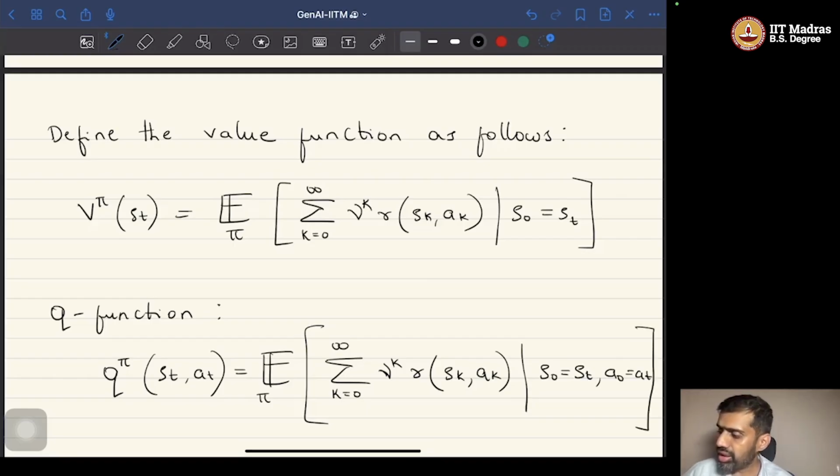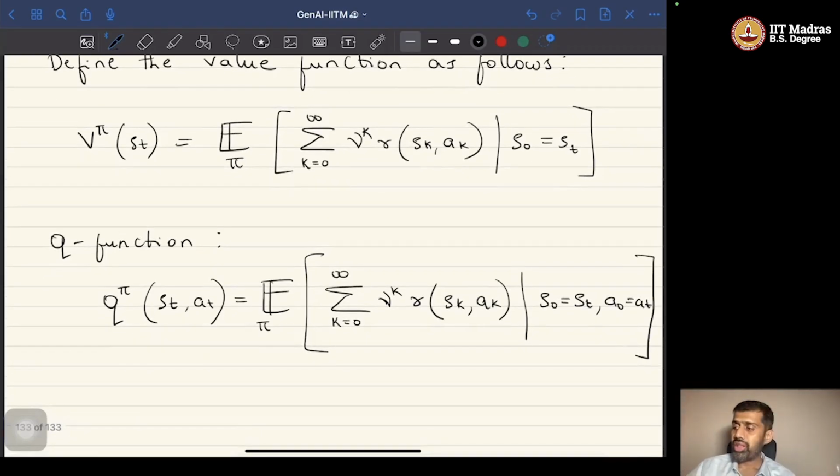Right. So now we have ensured that the agent starts at an initial state of st and takes one particular initial action, which is at. Now the question that we are asking is, given that we have started at st and taken the action at time t equal to 0, what is the expected discounted reward that we are getting? So this is called the q function. So we have both the value function and the q function defined this way.